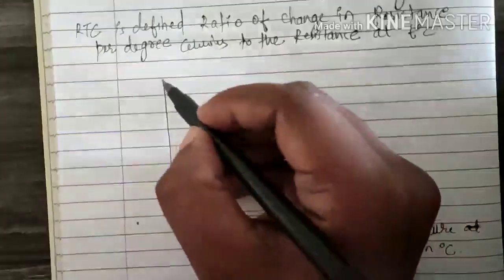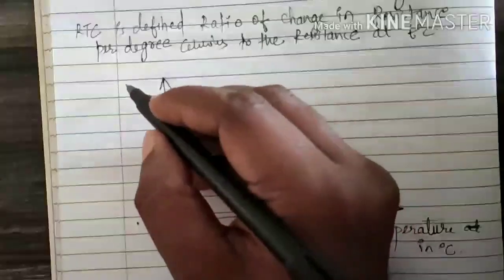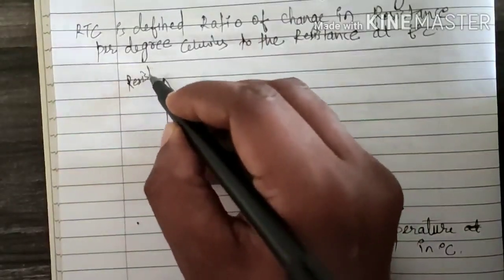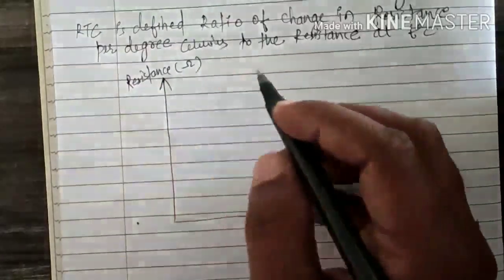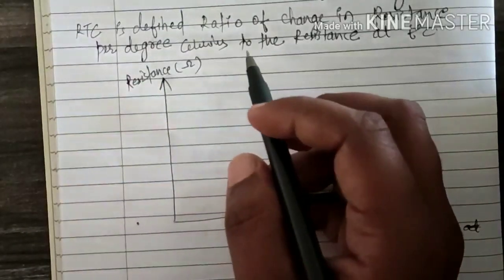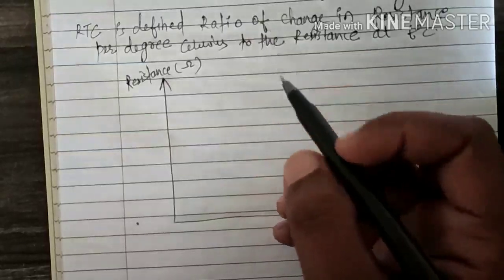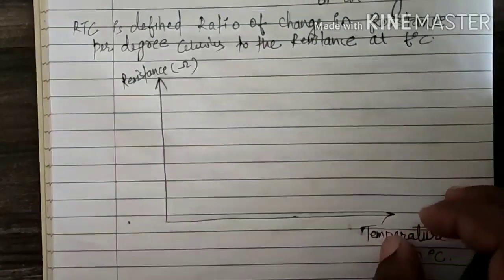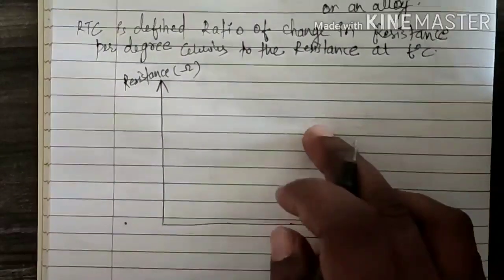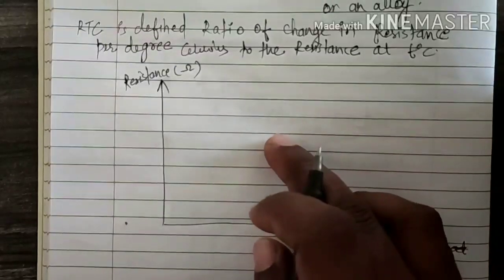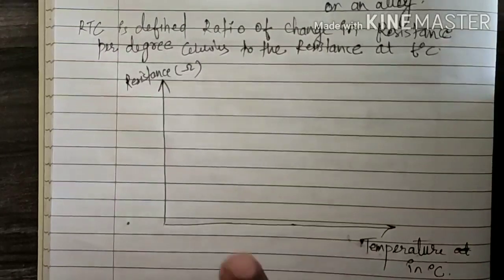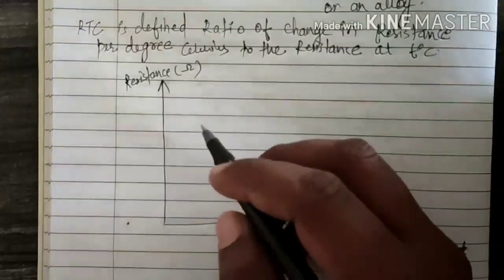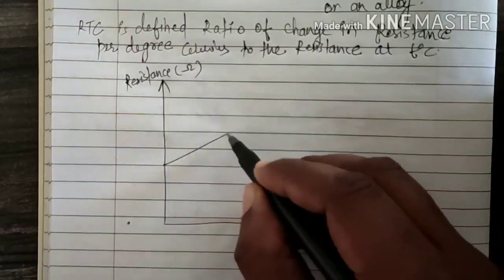The vertical axis denotes the resistance, measured in ohms. As we know, as the temperature is increased, my resistance value increases linearly. So this is how my graph will look.